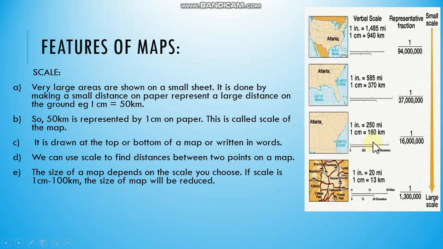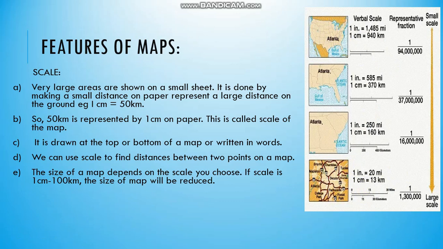So by decreasing the value, what is going on? The scale is becoming large. So this map is having small scale, this map is having large scale. So 1 centimeter is equal to 13 kilometer means large scale.